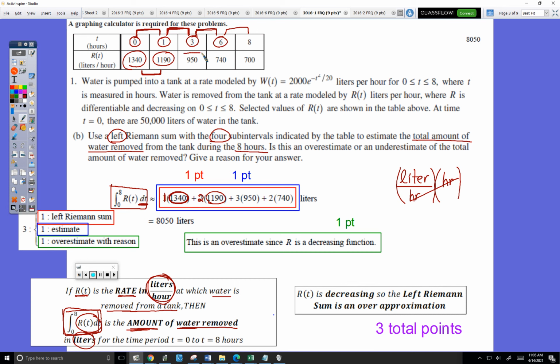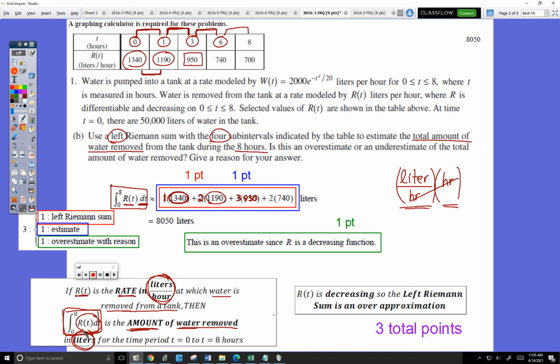We're going to assume that 950 gallons per hour are removed. That's why we're multiplying the 950 by 3 to approximate how much water is actually removed. That's what you're always doing. We're taking a rate and multiplying by an amount of time, just like the integral says. A rate multiplied by an amount of time is going to give us a number of liters of water removed for that time period.